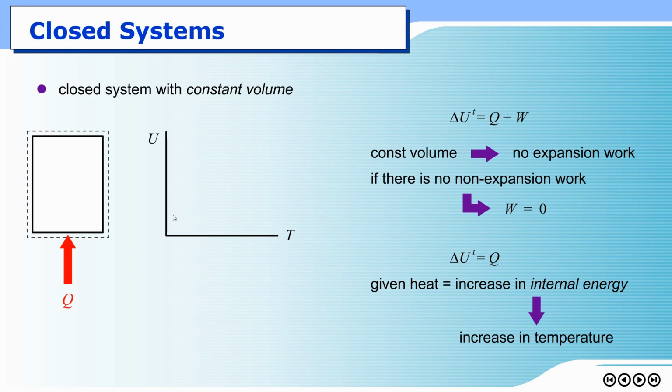Initially the system is at low temperature and has low internal energy. After receiving energy in the form of heat, internal energy is increased and temperature would increase together with it, because temperature is an indicator for internal energy.